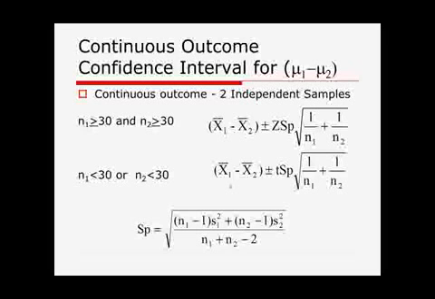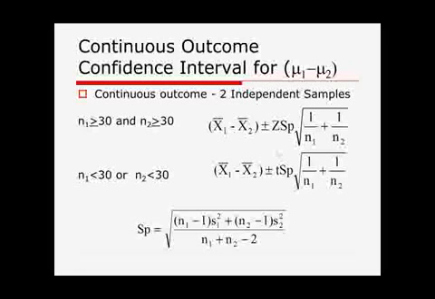So this Sp is getting an idea of the variability in your outcome in your whole sample by looking at the variability in group 1 and the variability in group 2 and putting them together. The complexity of that formula is because we're weighting each sample by the sample size. If your two groups are equal, this becomes just a straight average. But if you have, say, 100 people in group 1 and 10 people in group 2, you'd want to count more heavily what you're observing in group 1 than group 2.